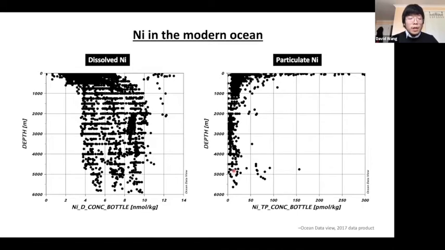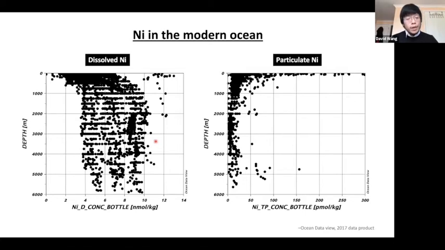As you can see, the majority of nickel is in the dissolved phase, and some nickel is removed from the surface ocean, and along with depth it is regenerated and nickel is released back to the seawater column.